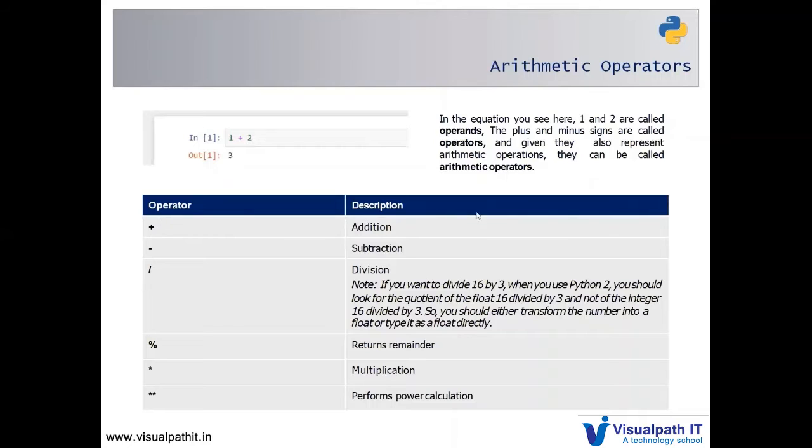Let us look at these operators. The plus operator is used for addition. If the operands are number values, the plus operator displays an added value. If the two operands are strings, as we saw in the previous example, it concatenates the two strings.